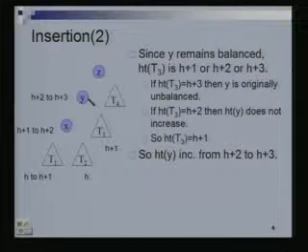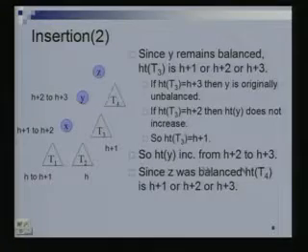Is this clear to everyone? Now, what about height of T4? Note that z is imbalanced. The new height is h plus 3 of this one. So, what should the height of T4 be? Initially it was balanced.